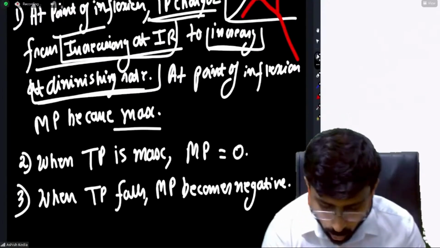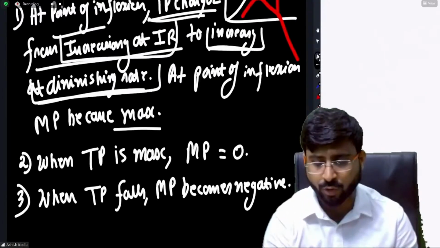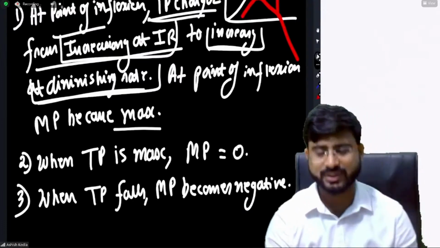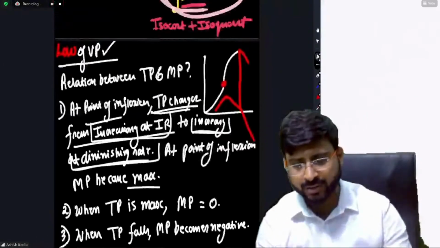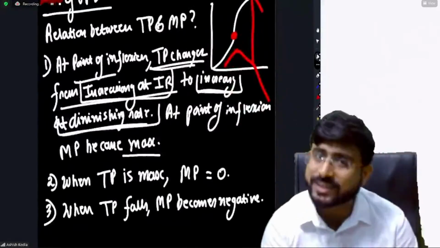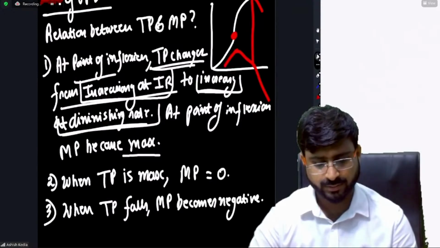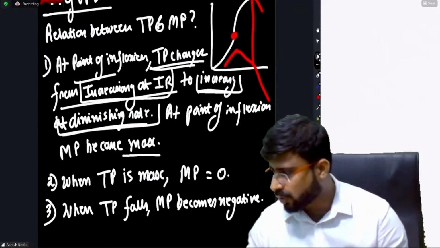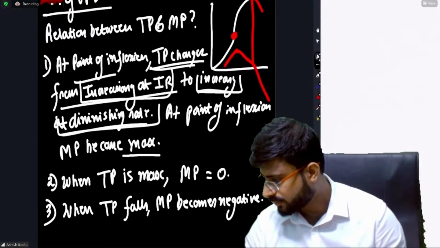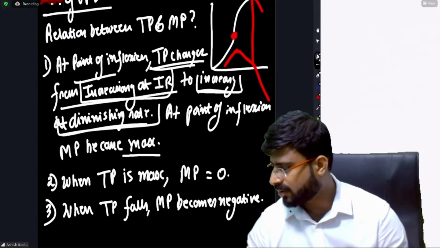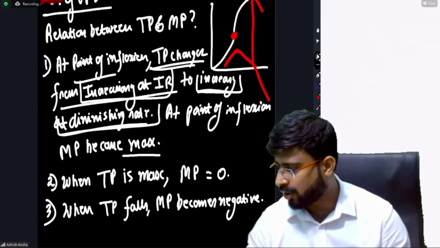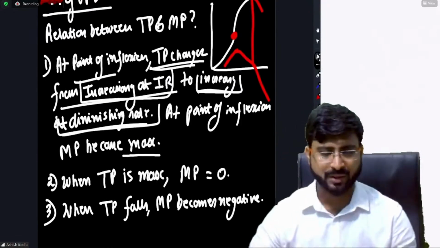Very good. When TP falls, MP becomes negative. That is correct indeed. Have you noted this down? Very good. All of you remember this. Very, very good.